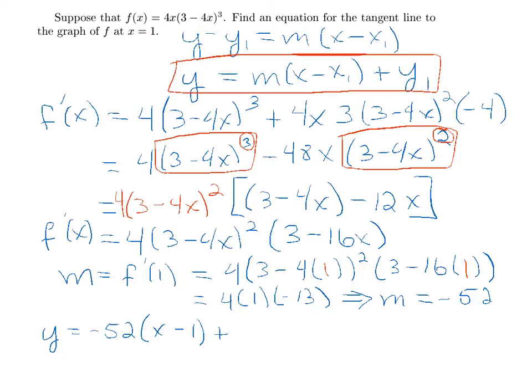And now I just have to compute y1, but that is just simply the function, the output of the function, given this input, x equals 1. So I just have to simply input 1 into the function to get the y value.